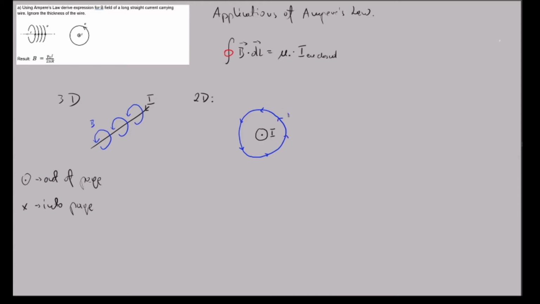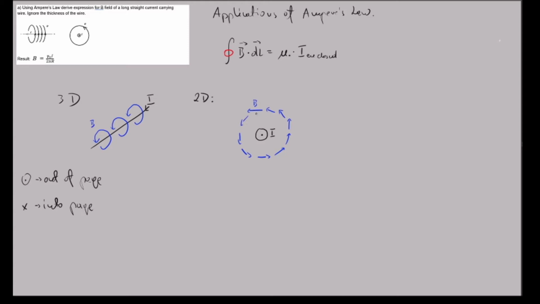This is B. Now in reality, if I were to draw this properly, I should draw this magnetic field like this, and then this thing just loops around, so the magnetic field is tangential to the circle everywhere here. Here's your magnetic field, and this is what it does.